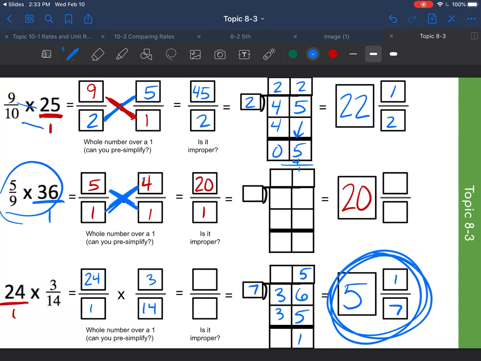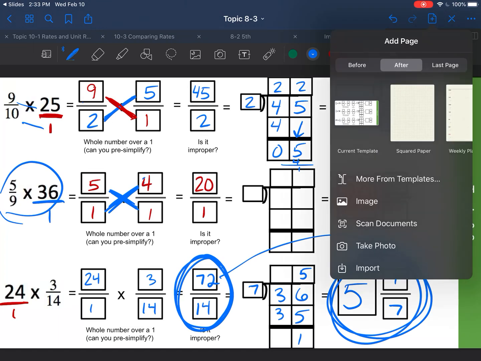And then I would just solve it just like you would, multiply straight across. So 25 times 3 is 72. 1 times 14 is 14. And then I would figure this out. Now, that still works, but once you get your answer to this problem, you're going to probably have to simplify at the end as well. All right? So the pre-simplification part of this just tells you that you can simplify earlier to make less work for you at the end.